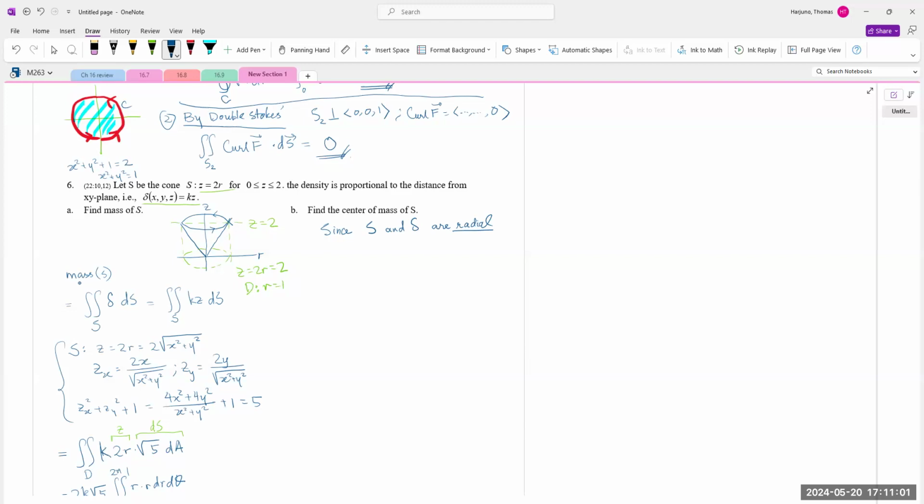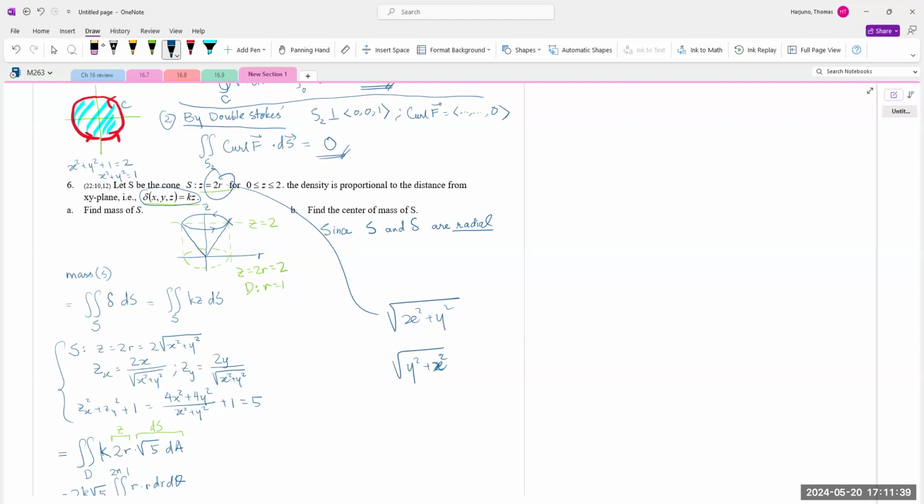You see that this is independent of x and y. Even if you have x and y there, as long as x and y are interchangeable, like in the r here, where r is x squared plus y squared, if you replace y by x, x by y, you get the same thing. In other words, that's symmetric with respect to the x equals y axis. In fact, it's radial, because it depends on the radius only.